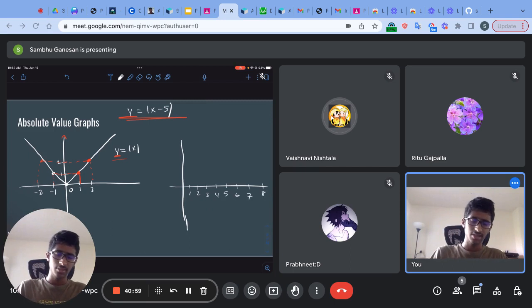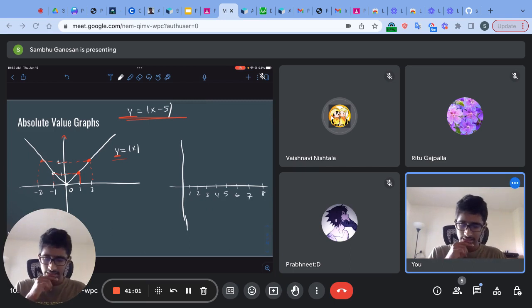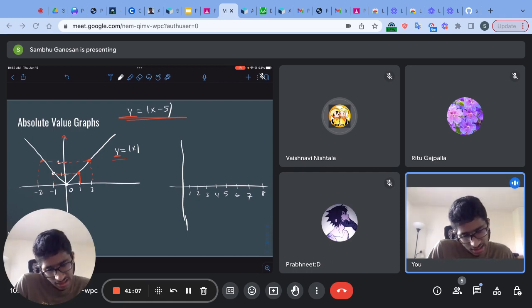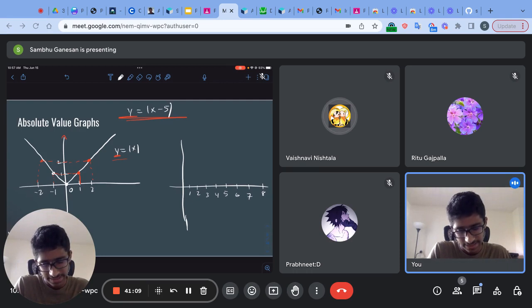So y equal to absolute value of x minus 5. How I start with problems which I do not know how to graph is plugging in some values of x. So let's try x equal to 0. What do we get? y equals absolute value of 0 minus 5, which is absolute value of negative 5, and that's nothing but 5, right?